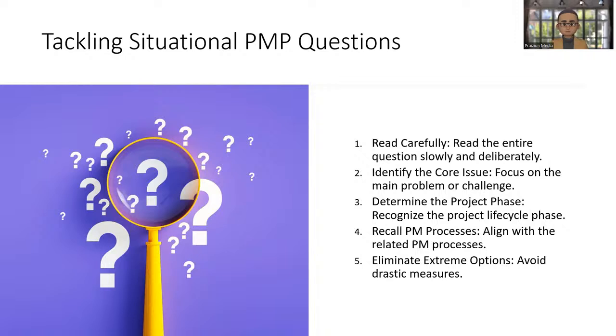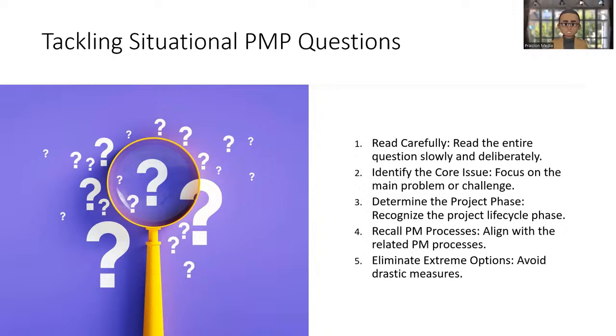Number 4, recall the project management processes. Always aspire to align what is happening in the question with one of the related 49 discrete project management processes, especially when in the world of predictive. When in the world of hybrid, do the same.